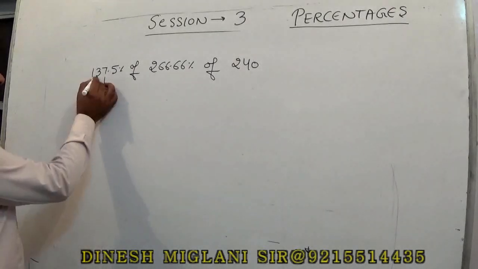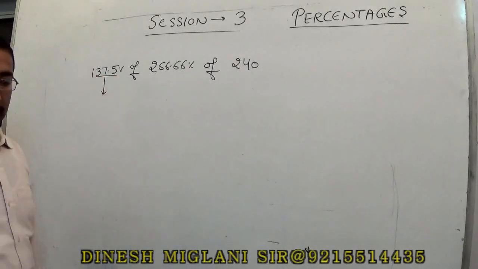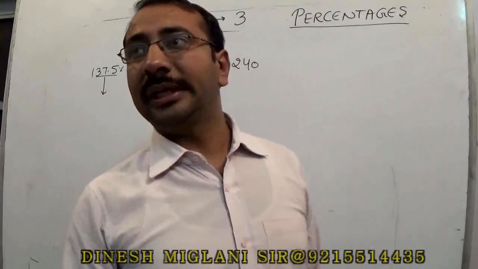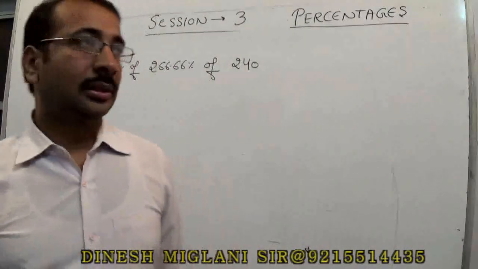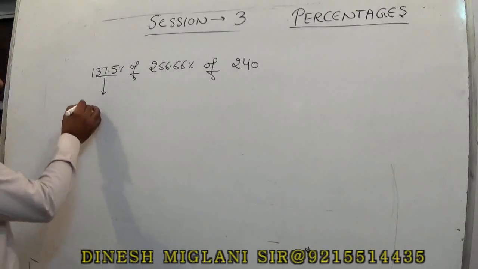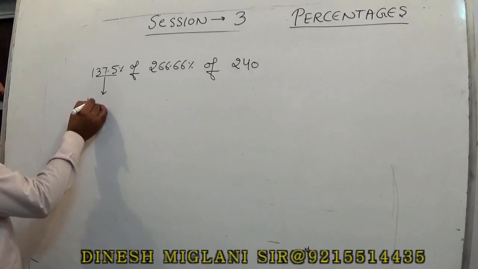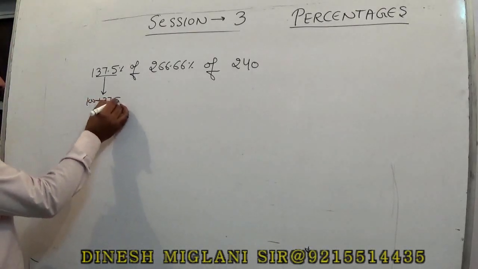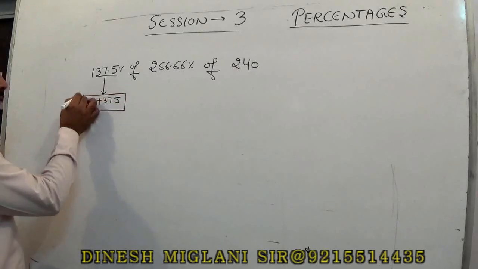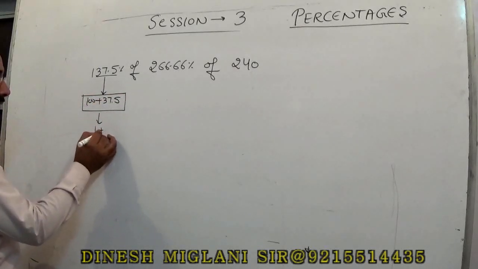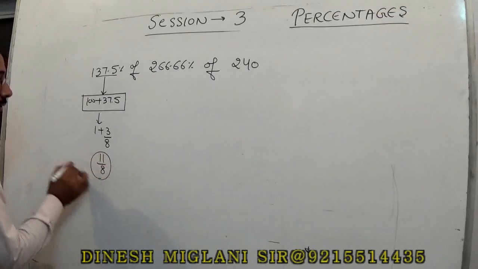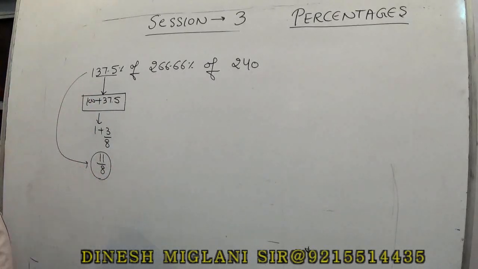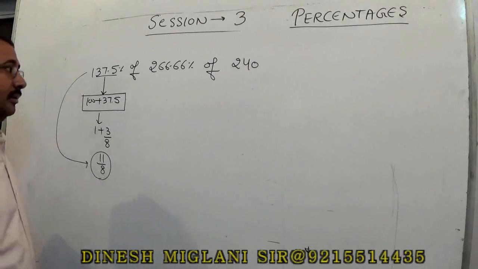As we know, 37.5%, this is equal to 3 upon 8. We have 137.5%. This 137.5% can be taken as 100 plus 37.5. That you have to do in your mind. So you can make it as 1 plus 3 upon 8. This is 11 upon 8. So we can say 137.5% as a fraction is taken as 11 upon 8.